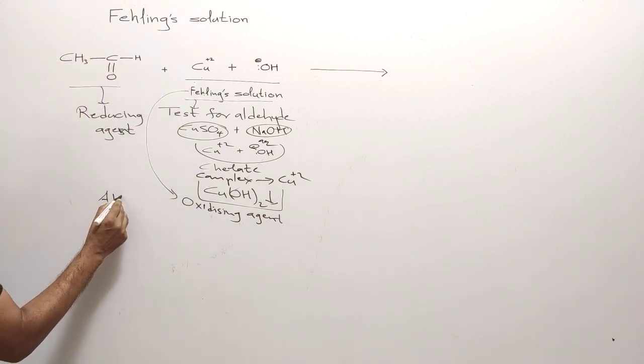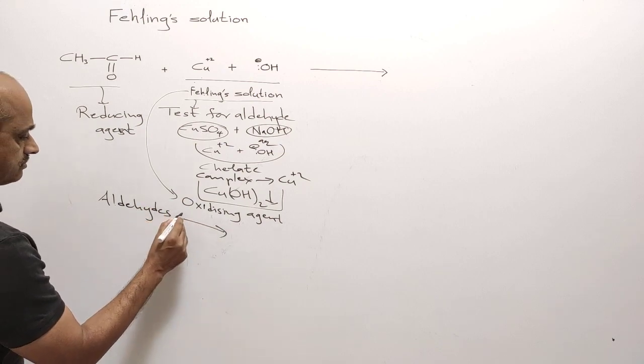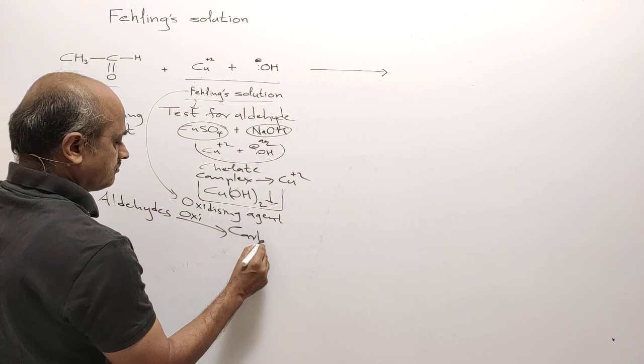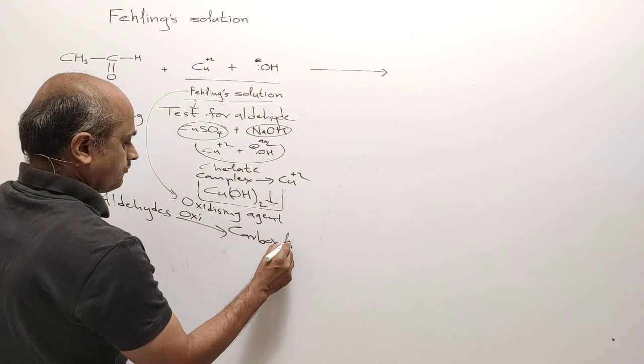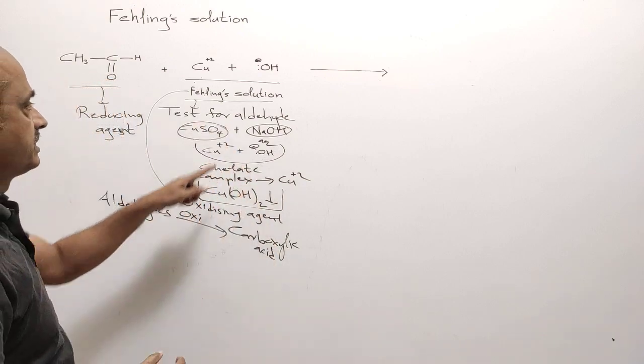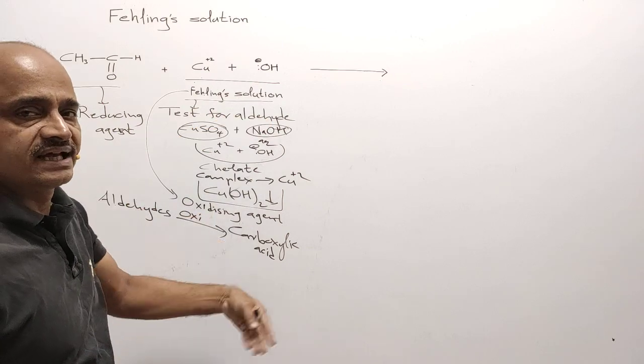Now aldehydes on oxidation give corresponding carboxylic acids. Now this reaction is carried out in presence of NaOH and CuSO4, meaning free OH minus ions are present in large amount.